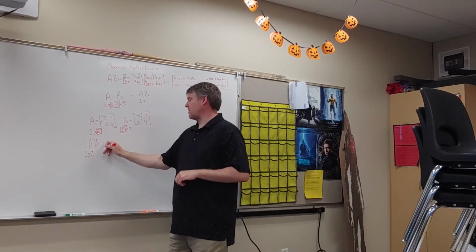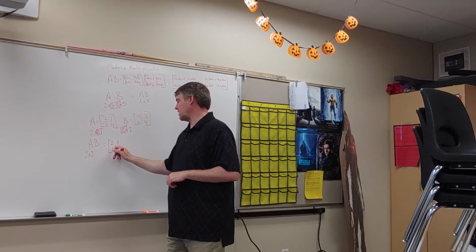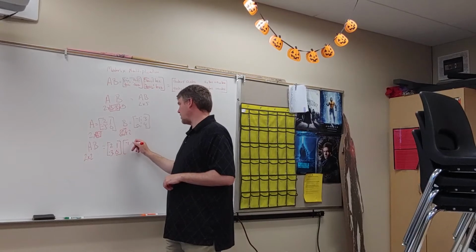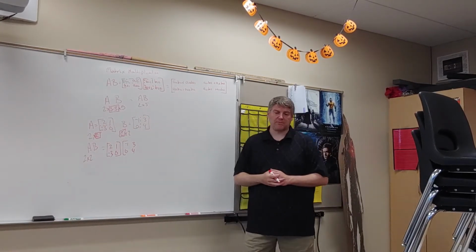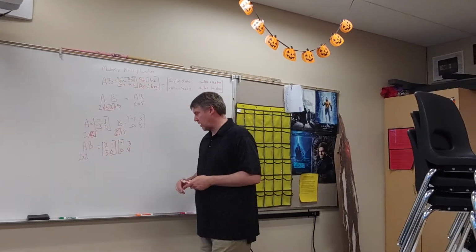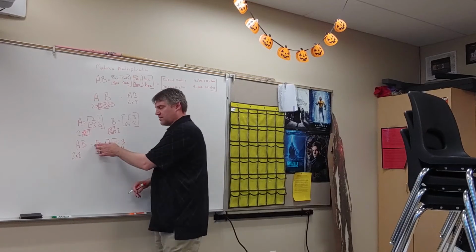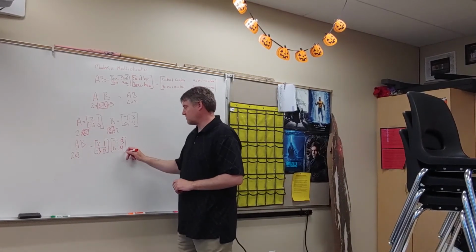So now what I have here is 2, 1, negative 3, 0 times negative 1, 3, 0, 4. And you'll notice I've put some dash marks up there. That's to visually help me understand that I'm going to multiply the rows of the first matrix times the column of the second.